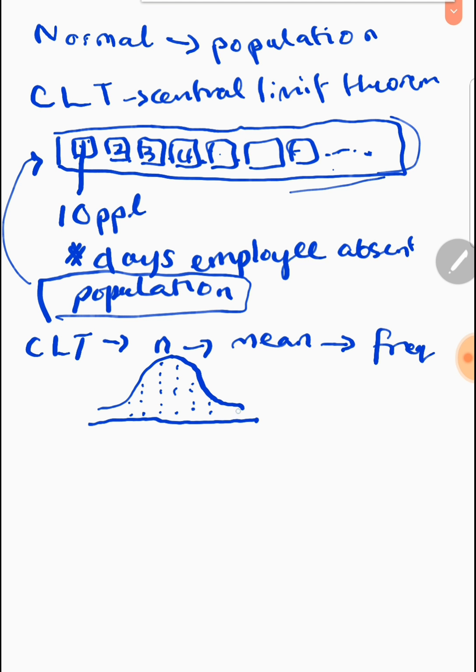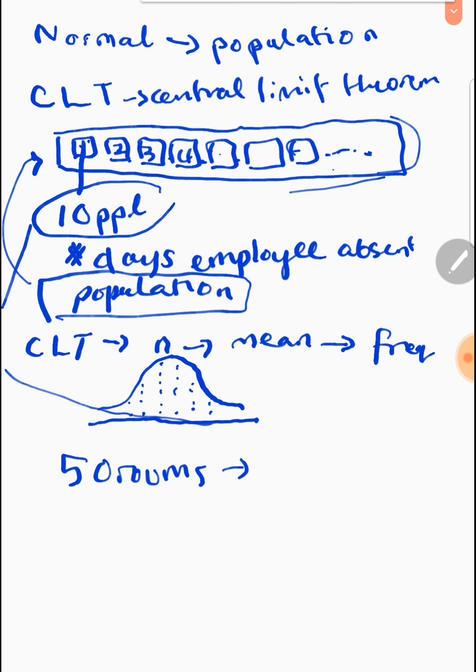Let me give you an example. Say we go back to the example of the big office building. In our office building we have, say, 50 rooms, and earlier we mentioned that in each room we have 10 people.